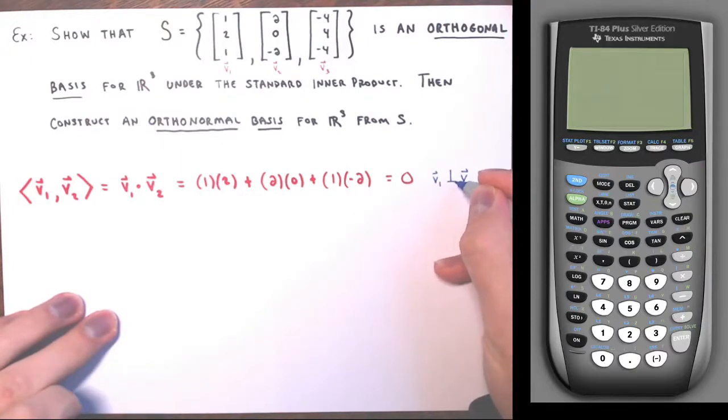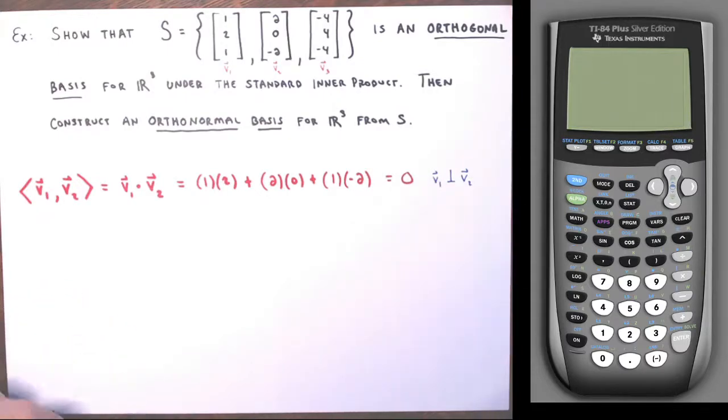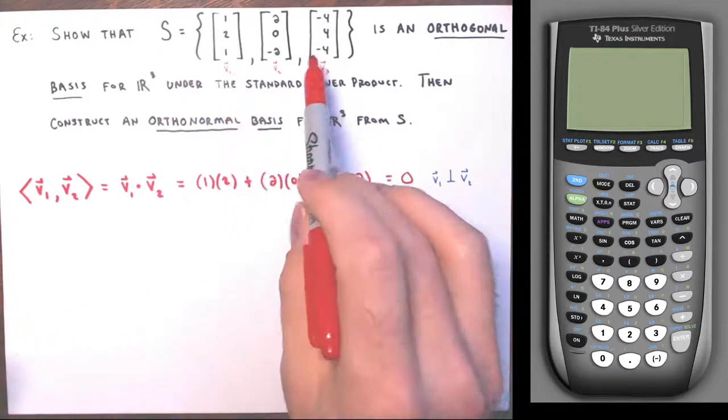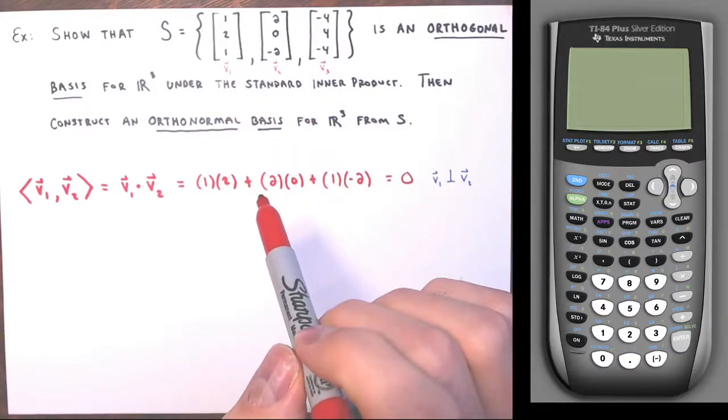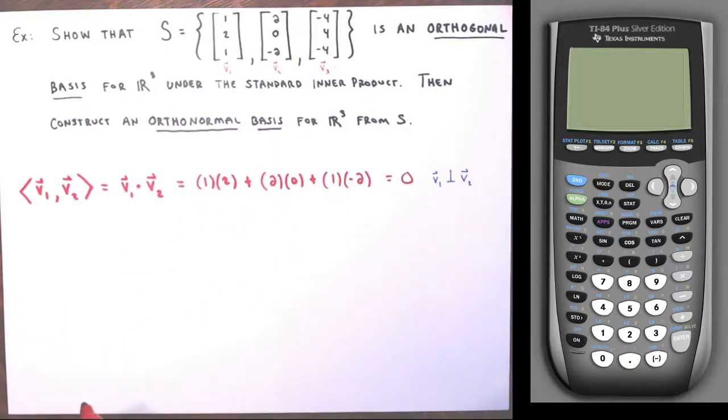I can use the perpendicular symbol as shorthand for orthogonal here. But that's not all. I have to show that every pair of vectors is orthogonal to show that the set is orthogonal.